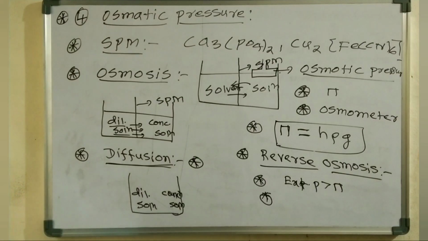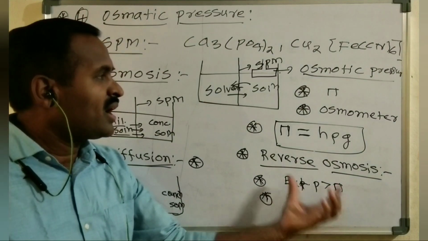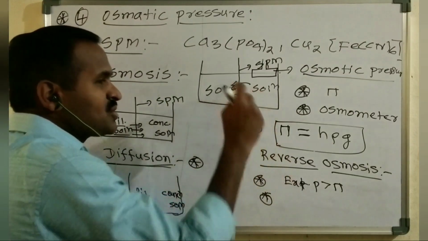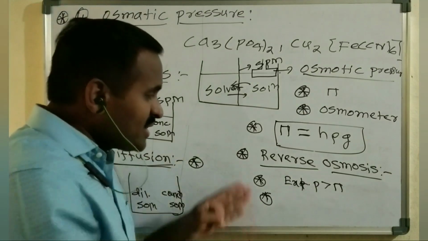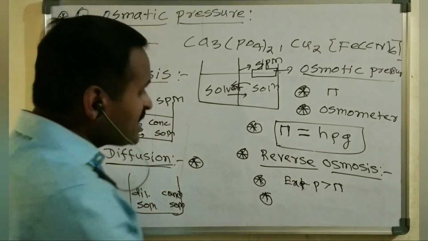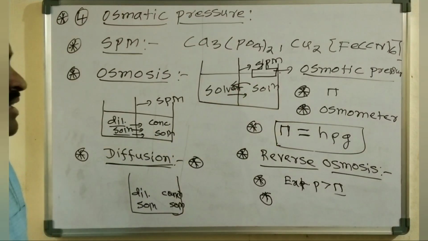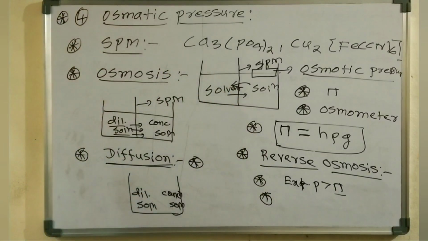In reverse osmosis, the external pressure applied is more than the osmotic pressure, and the solvent molecules present on the solution side start flowing towards the pure solvent side through a semi-permeable membrane, right?